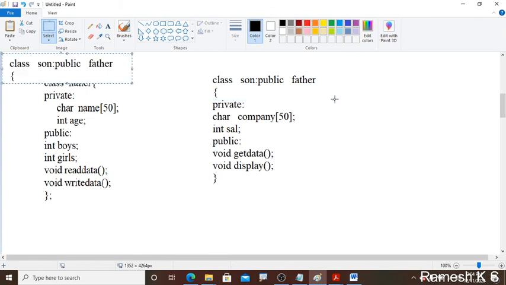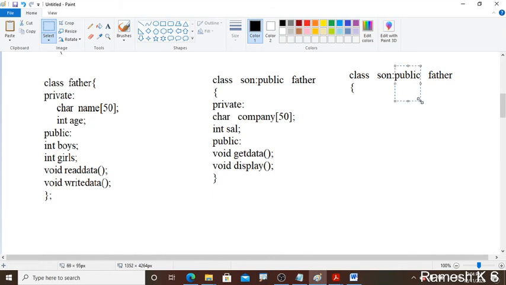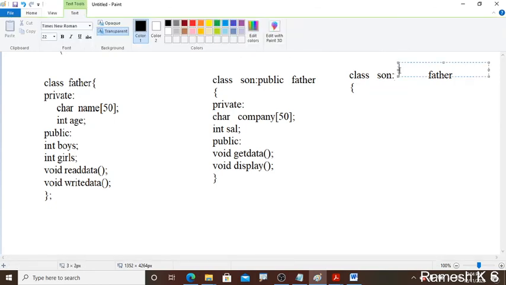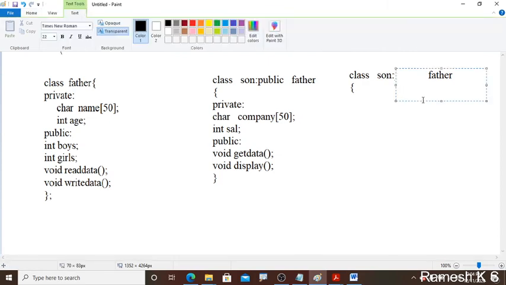Now I am taking a private derived class. What changes do we have to make? I am removing this public and placing private. If I place private, it becomes a private derived class. If you do not mention any visibility mode, it is considered private. You can mention private also, no problem.